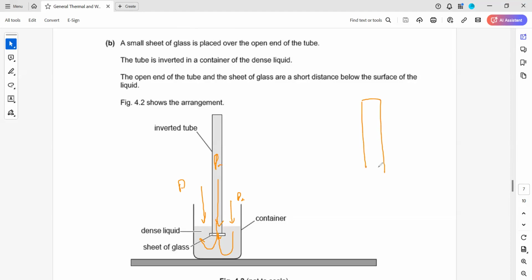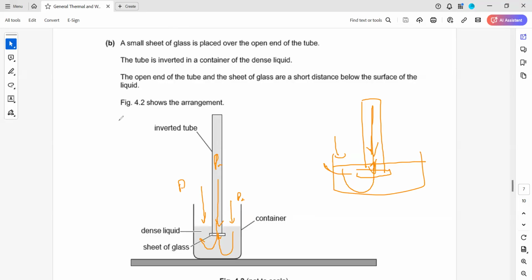So initially when you invert this and remove the glass sheet, the liquid will move out because the liquid pressure is more than the atmospheric, because atmospheric pressure tries to push it inside, while liquid pressure is causing outward motion. So initially the liquid pressure is more than the atmosphere, so the liquid will move out from the inverted tube.